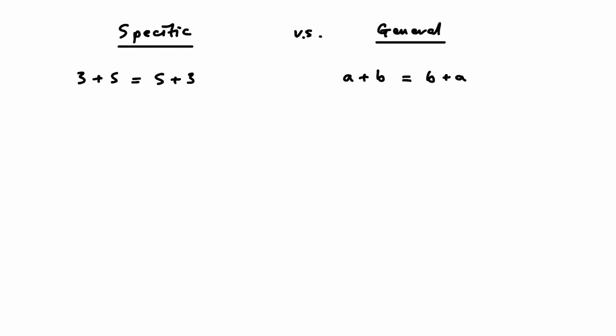And what we're doing here is making a statement about all numbers simultaneously, and we're doing it symbolically by representing all numbers with just these symbols which happen to be letters. So this is true for any numbers A and B. Something I will say about numbers.